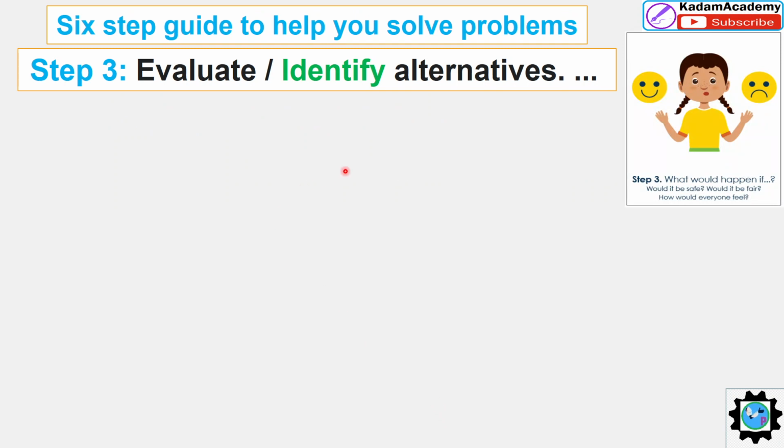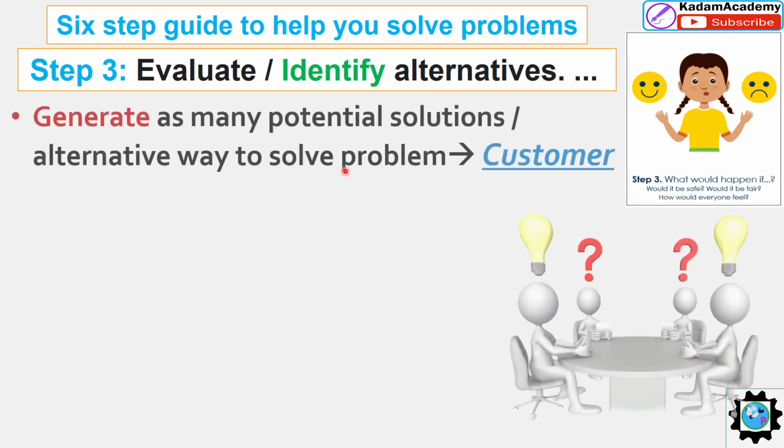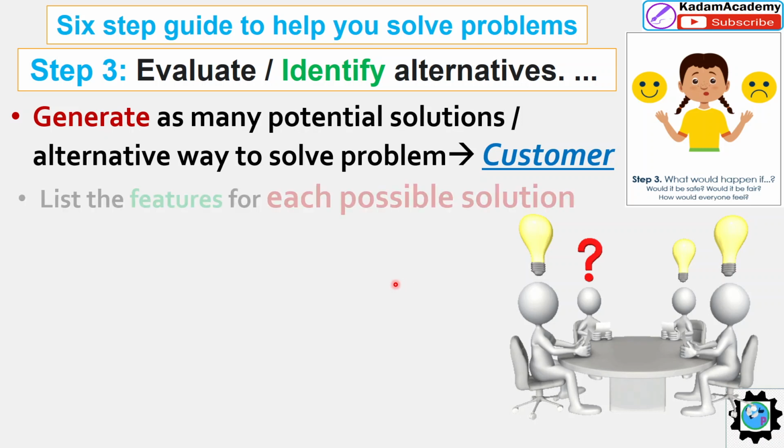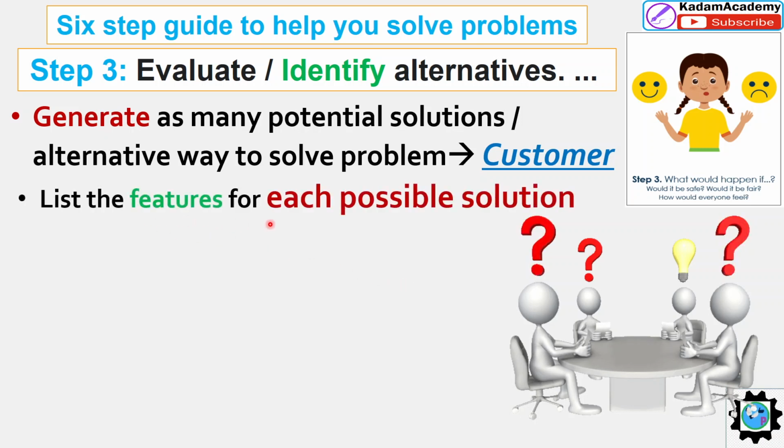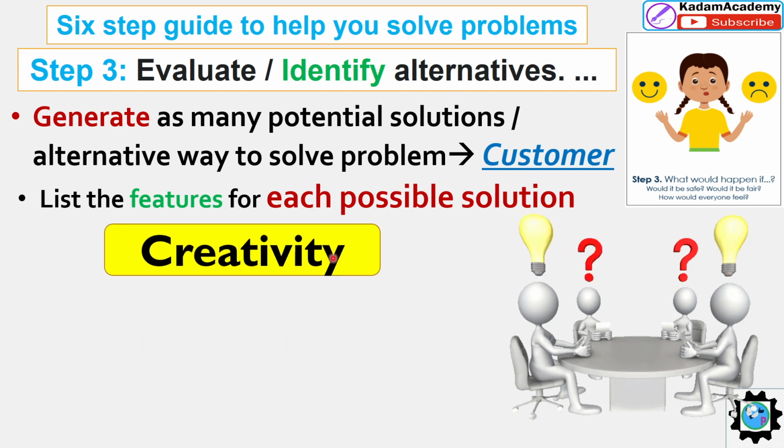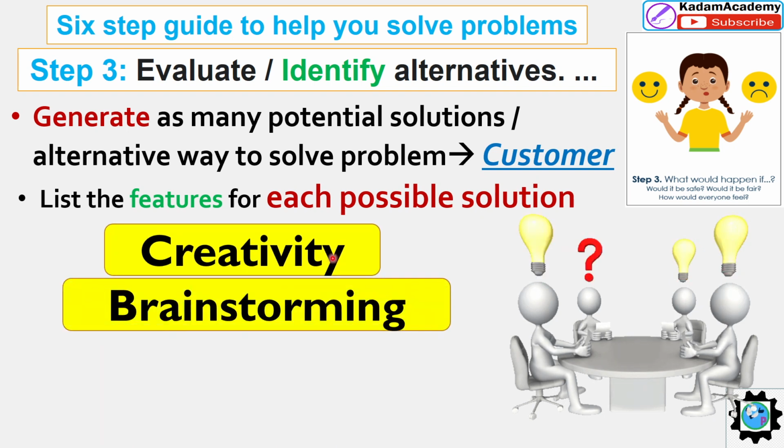To identify the alternatives, finding the solutions in a very tricky manner, generate as many potential solutions and alternatives as possible by discussing with the customer and brainstorming. List the features of each possible solution. It will require creativity and brainstorming.